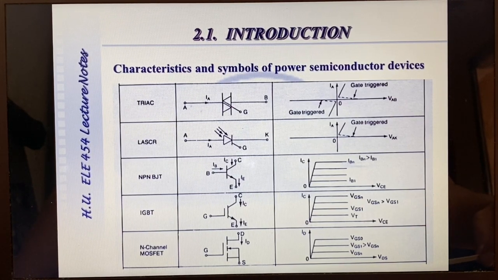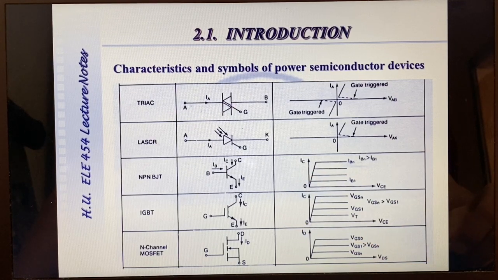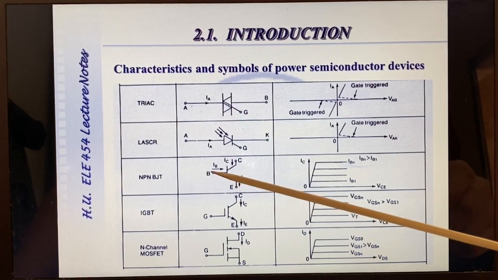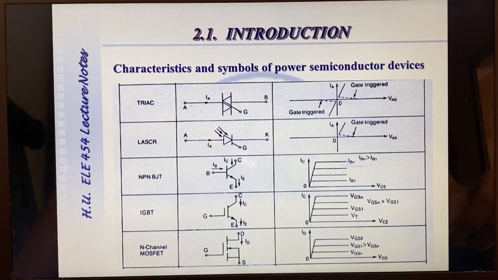Now, there are some disadvantages of both of these devices. The RDS-on, the drain-to-source on-state resistance, limits the ratings of N-channel MOSFETs. And power BJTs are subject to some undesirable features such as secondary breakdown, high base current requirement, and complexity of the base drive circuit, especially in the powerful devices.